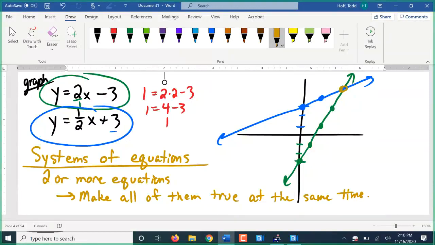So this point here is on both lines. Remember we said each point on the blue line makes the blue equation true. Each point on the green line makes the green equation true. The point that makes them both true at the same time is where the lines cross. That is the solution to the system of equations.